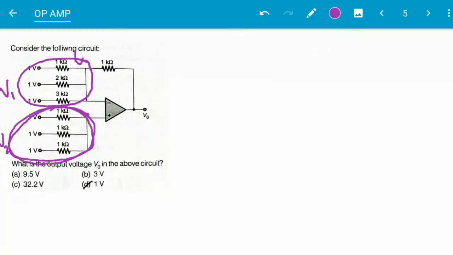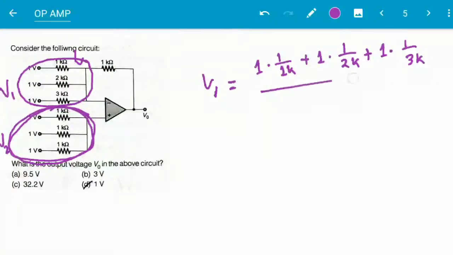V1 voltage will be equal to, what is the formula? First voltage into corresponding conductance, that is 1 by resistance, plus second voltage into corresponding conductance, plus third voltage into corresponding conductance, by the summation of all the conductances.